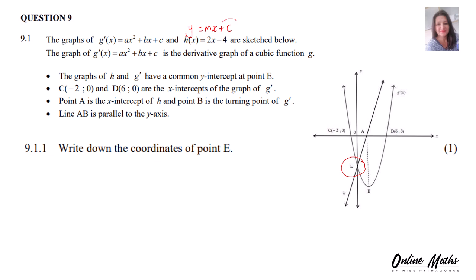We know that the c value, when your graph is in standard form y equals mx plus c, is the y-intercept. Therefore the coordinate of point E is the point (0; -4), because for the y-intercept the rule is make x 0. So this is worth 1 mark.